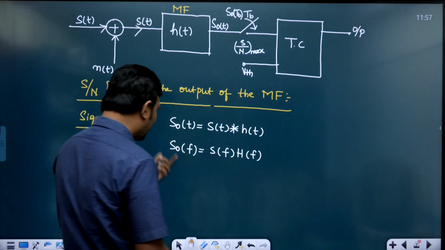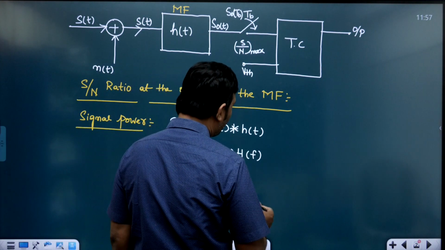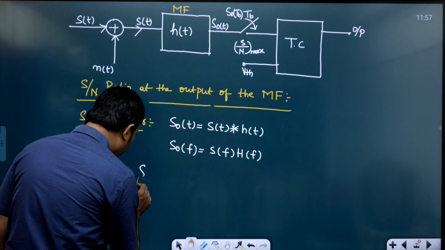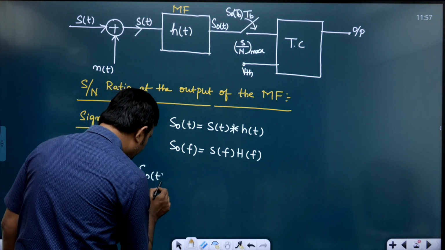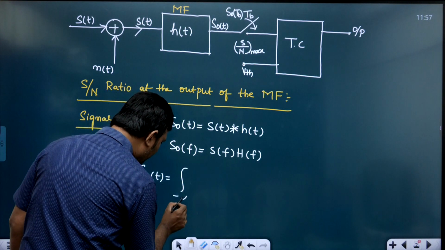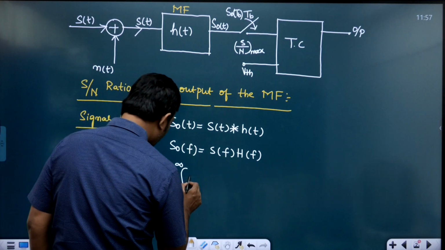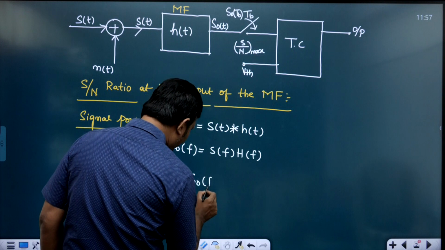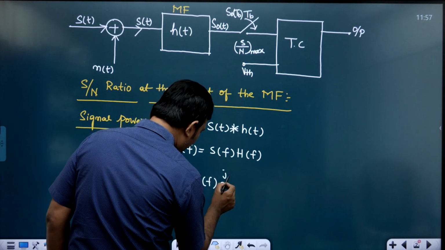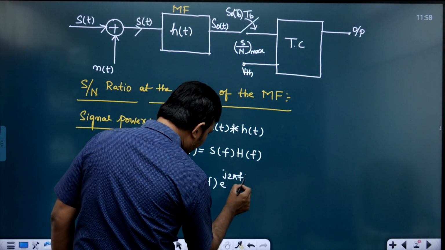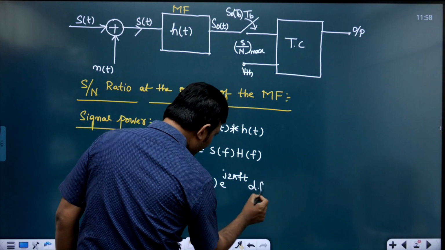Now from this again, if I try to calculate the inverse Fourier transform S naught of t, the expression for inverse Fourier transform would be integral minus infinity to infinity S naught of f into e power j 2 pi f t df.